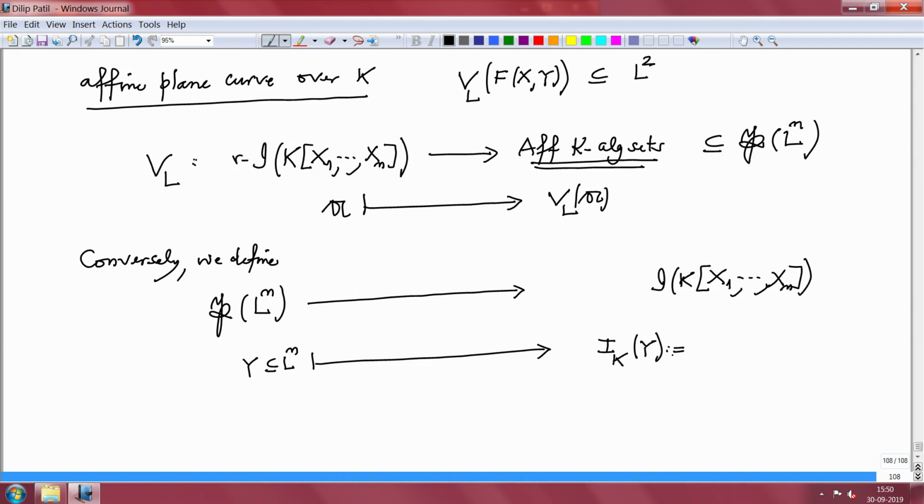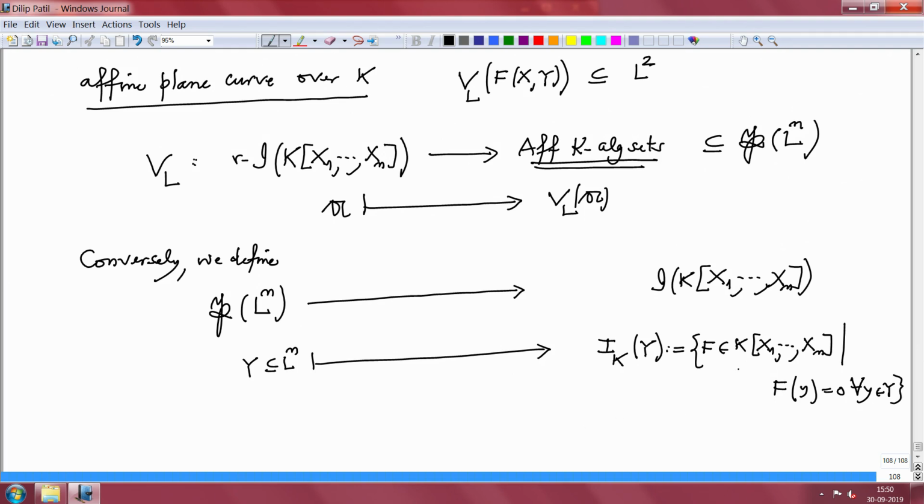So, what is the definition? These are all polynomials f in K[x1,...,xn] such that f(y) is 0 for all y in Y. Clear?